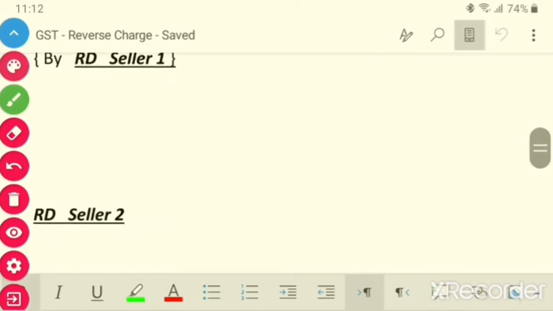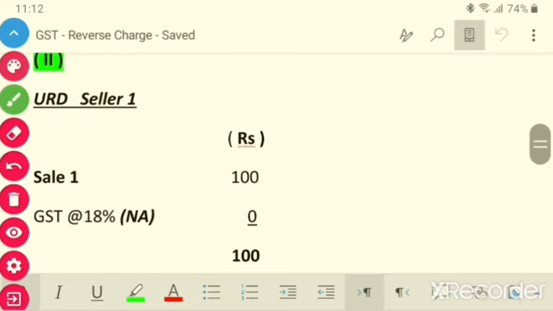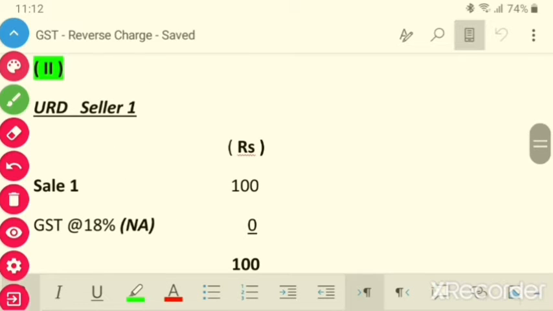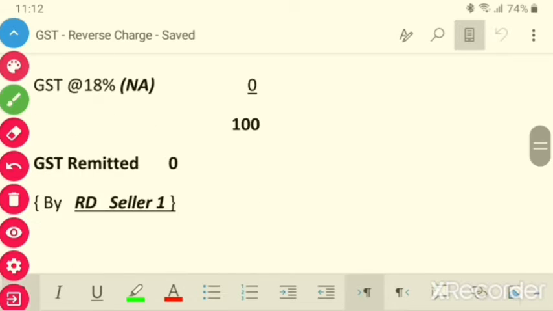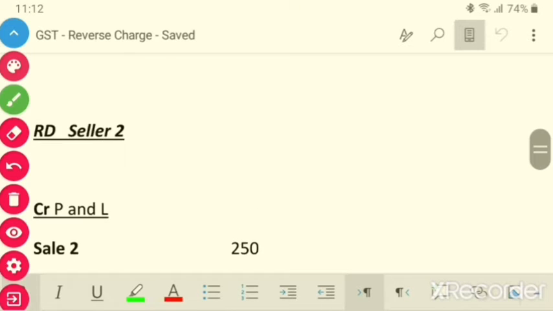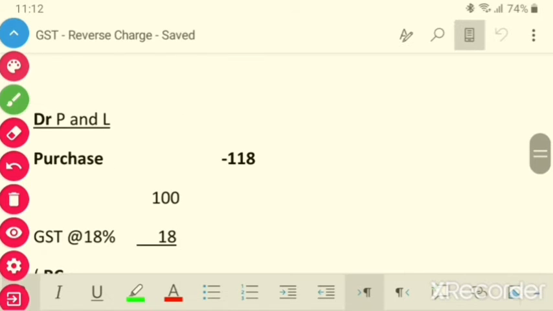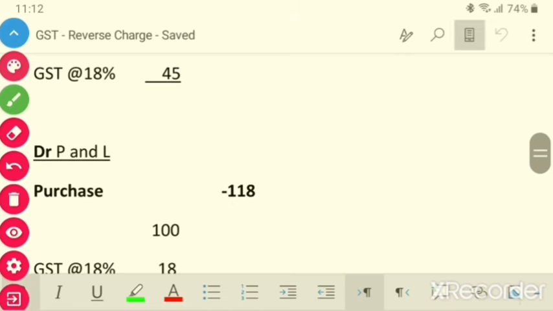If you observe, URD, unregistered dealer, that is stage 1 seller, has sold the goods at 100. But in the P&L account, seller 2, we are recording the purchase at 118. How?